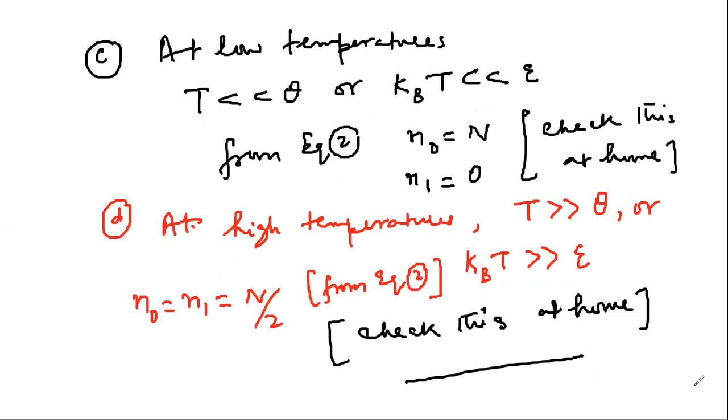No particle goes to the upper state. At high temperatures compared to the characteristic temperature, particles are equally distributed between the states. For them, the energy difference between the states becomes irrelevant. So this is all for today. I hope it is clear to you.